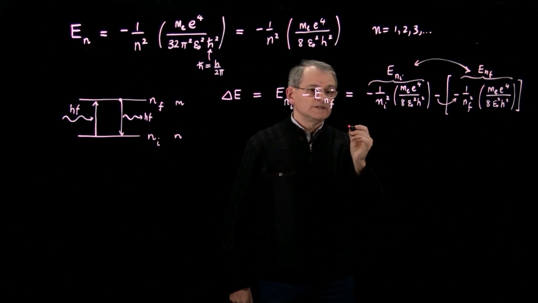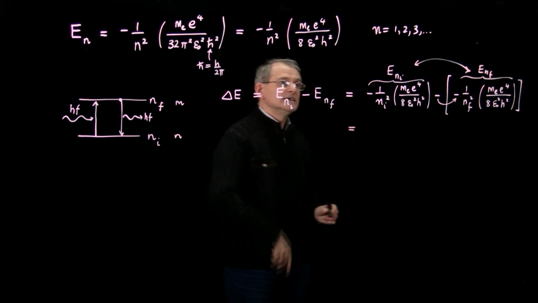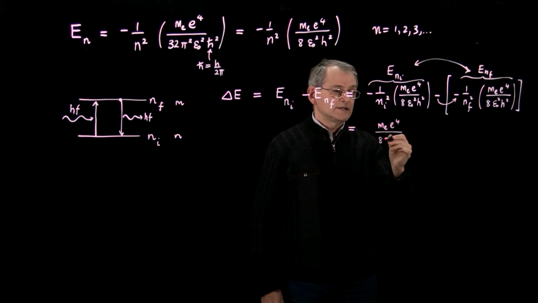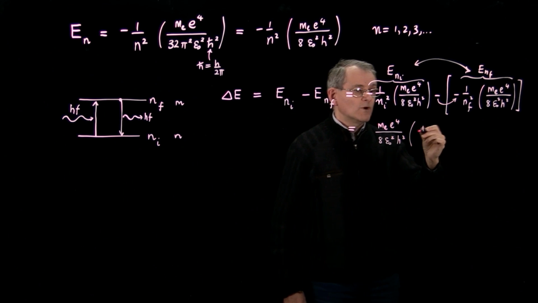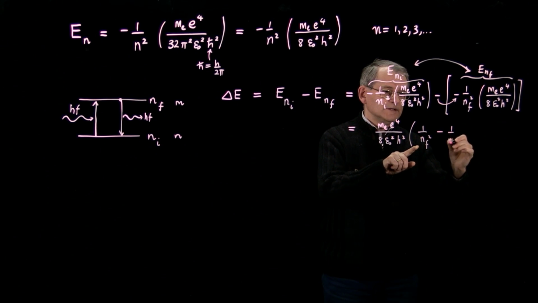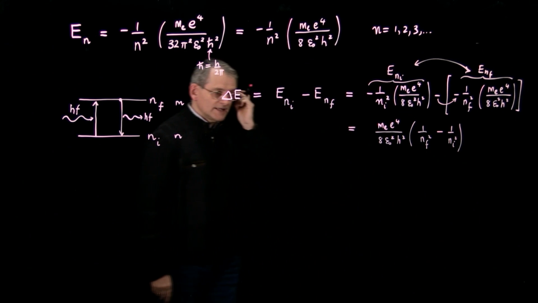This gives me that the difference in the energy between the two states is given by m_e e to the 4th over 8 epsilon naught squared h squared, times 1 on the final state squared minus 1 on the initial state squared. Okay, that's good.